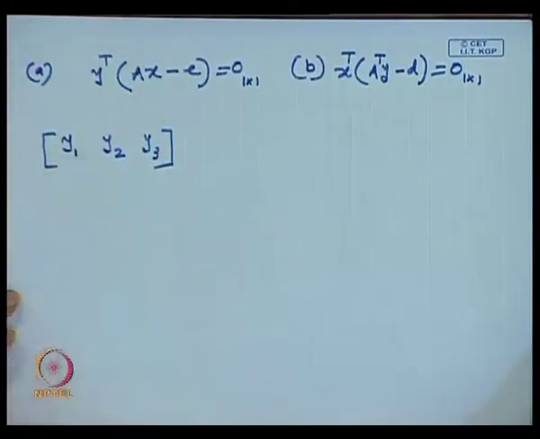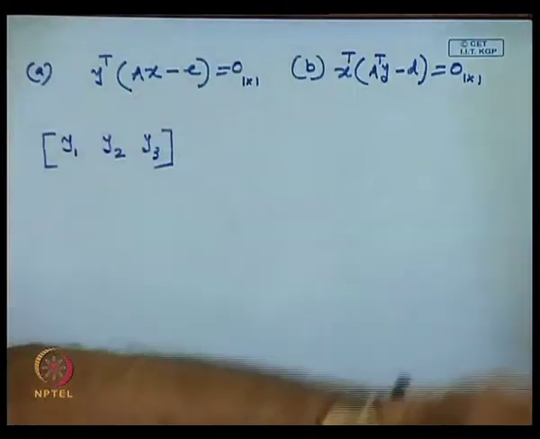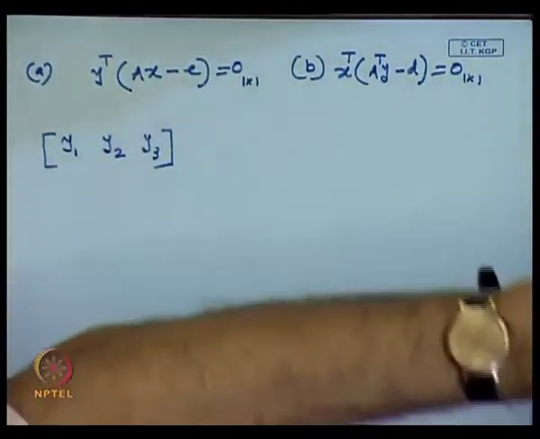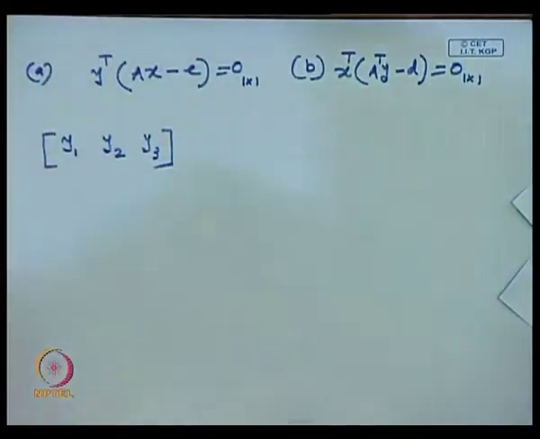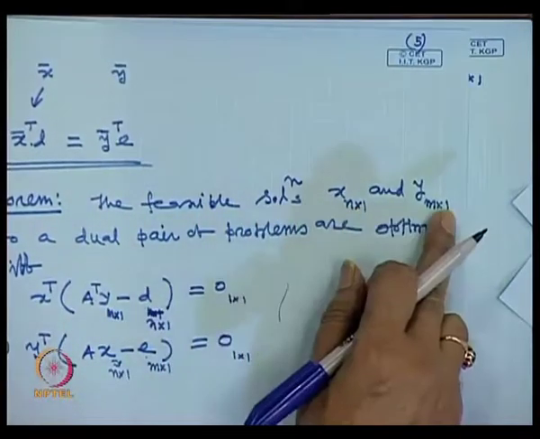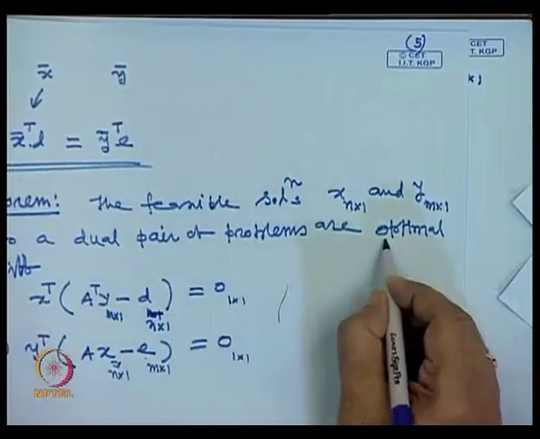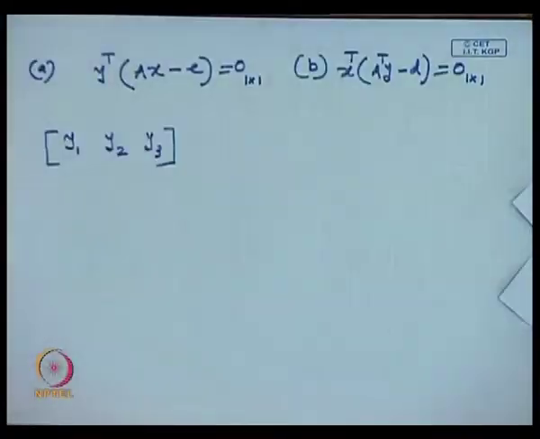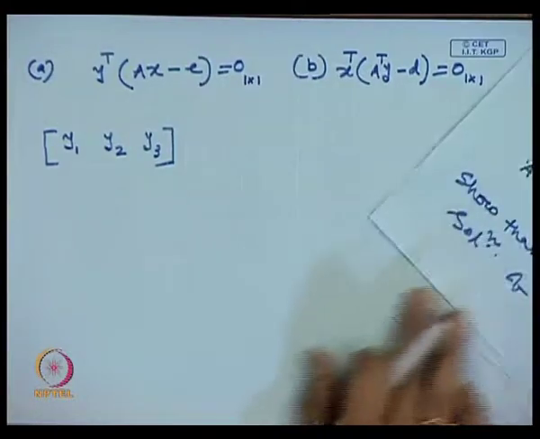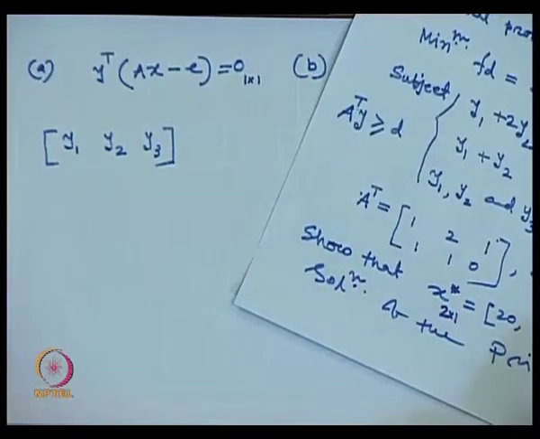And the theorem tells, if you see this theorem, that if x and this solution of the dual problem are primal optimal, then this is equal to this. If it is the optimal solution, and our problem is given, show that this optimal solution is that, find out the optimal solution in the dual problem, y 1, y 2.